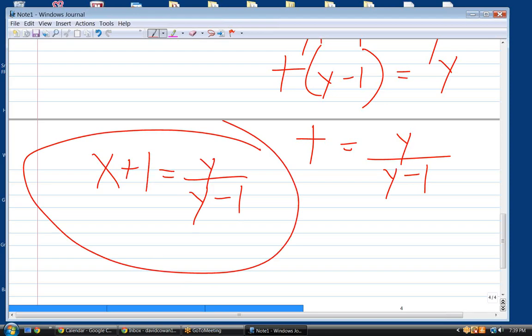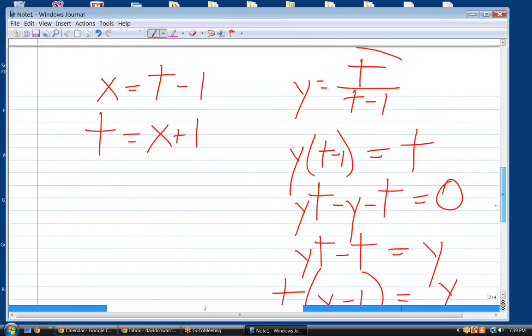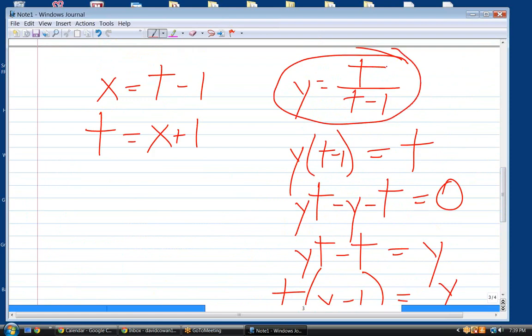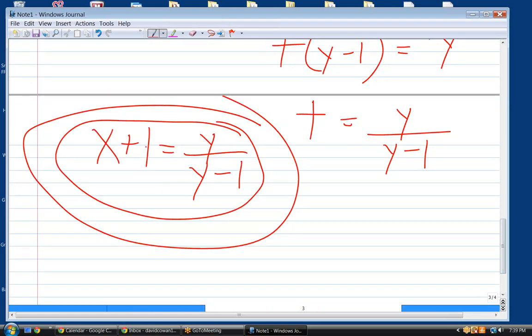We've removed the parameter. We haven't simplified the equation. And I could solve this for y in the same way that I solved this one for t. In other words, multiply both sides by y minus 1, gather all terms with y on the left, everything else on the right, factor out a y, divide by the coefficient.